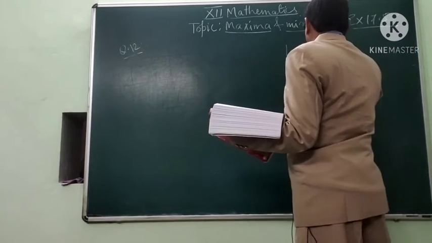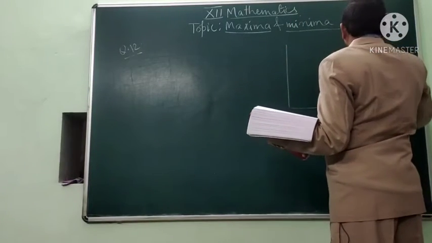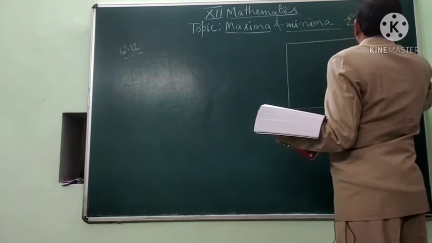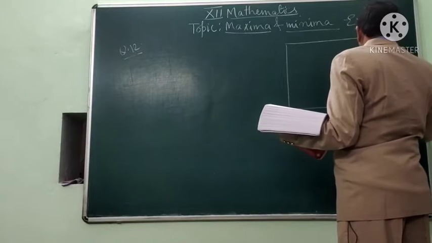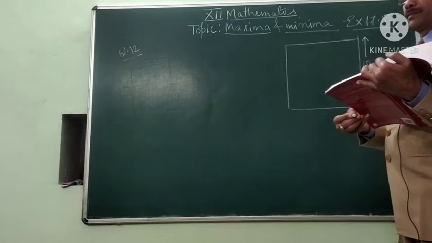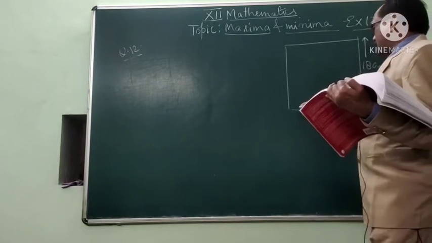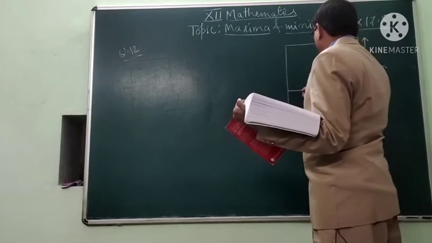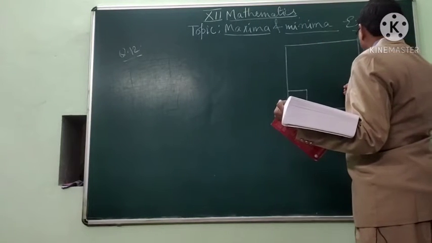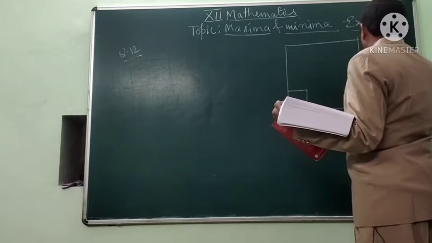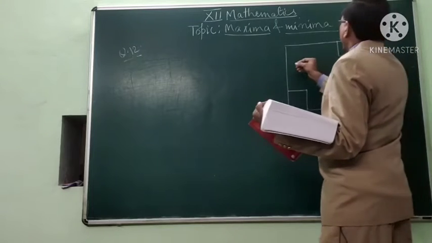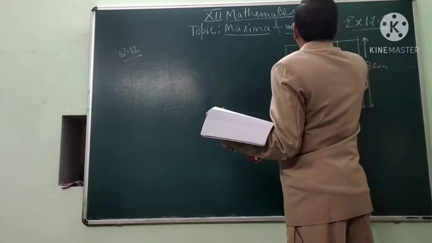Student, there is a square of side 18 centimeter. A box is to be made without the top, and four corners are to be cut from each side of the square.